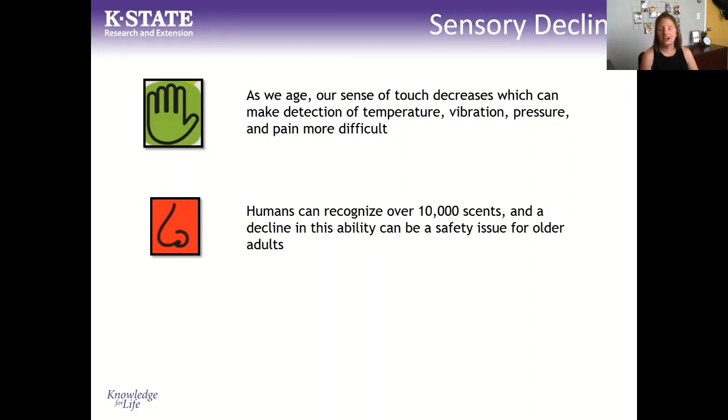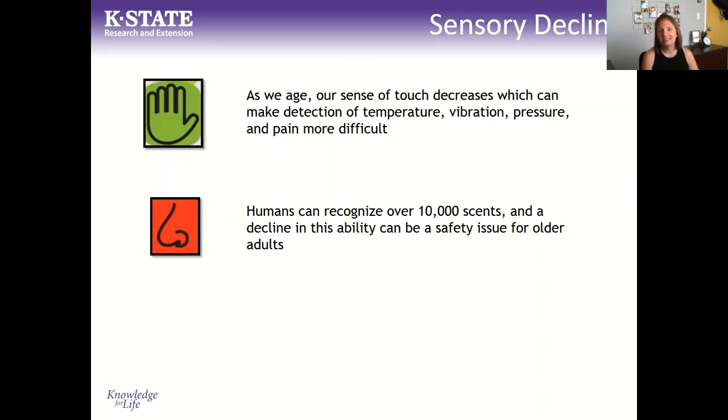One of the things that I always do here is ask the audience why. Why is this a safety issue if your sense of smell is declining? People will always immediately say you may not be able to smell smoke and gas. So remember when I said this is the warning slide? These are those warning scents that we want to be sure that people are able to smell so that they can get out of an unsafe situation.